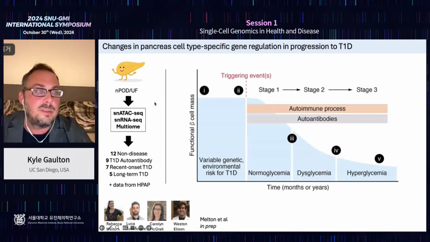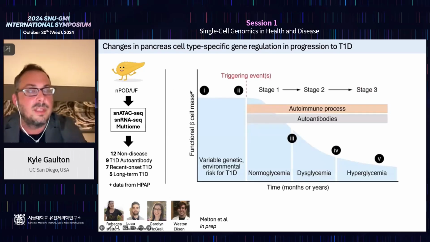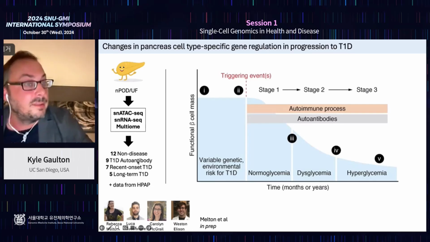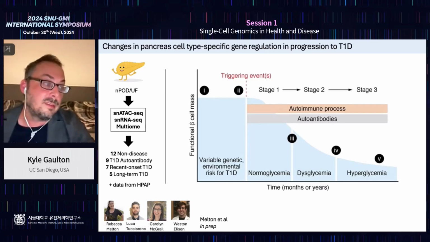We also are very interested in type 1 diabetes and understanding changes in gene regulation and progression to type 1 diabetes. So in this study, we profiled pancreas tissue from individuals, again, who were non-disease or who had type 1 diabetes, and then also individuals who were positive for autoantibodies. This is a biomarker of future development of type 1 diabetes.